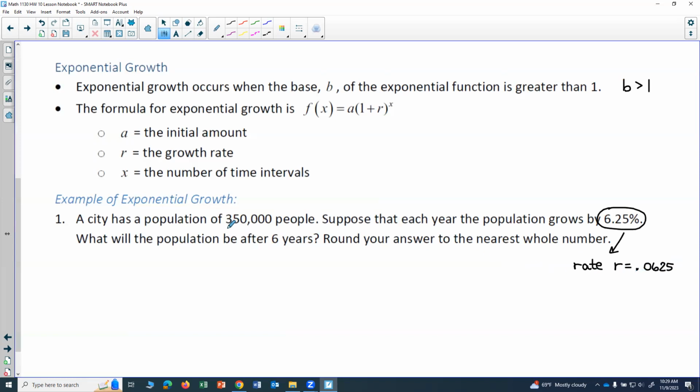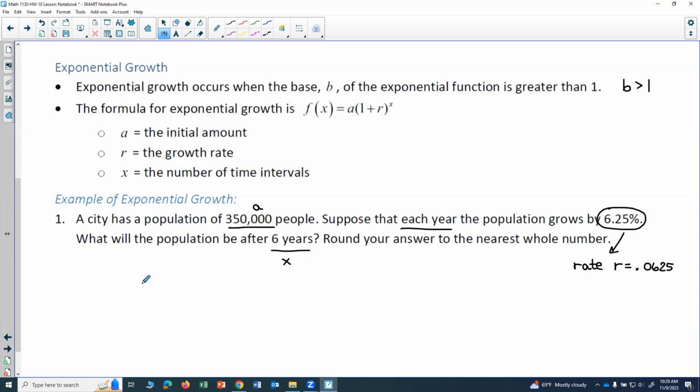Now my initial amount is 350,000 people. That's going to be my A, my initial amount. And then the time interval is years, and we're talking about 6 years. So this is telling me that X is going to be 6.